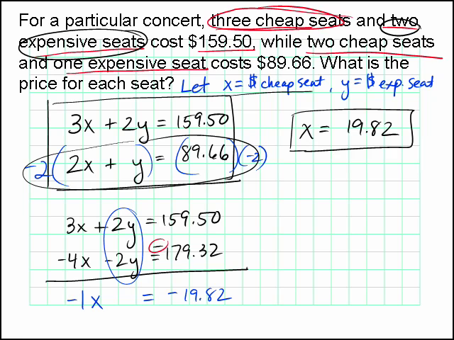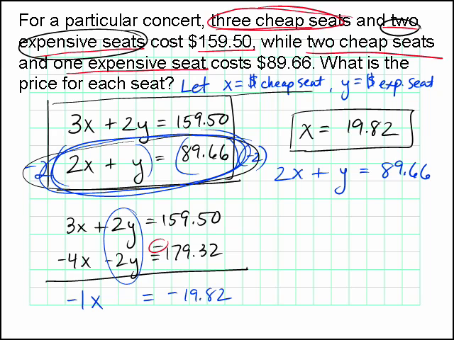Now, of course, with the elimination method, I have to plug in to find the other variable. So I think I'll use this original equation here to do that. I could use the top one, it doesn't matter. Let's rewrite that. I got 2x plus 1y equals 89.66. And so I'm going to plug in that value for x there to solve for y.